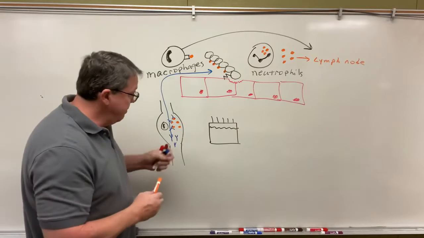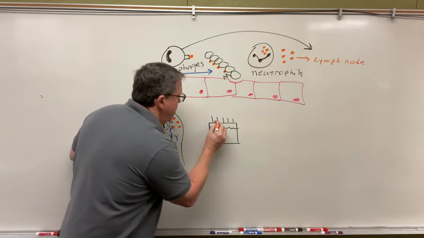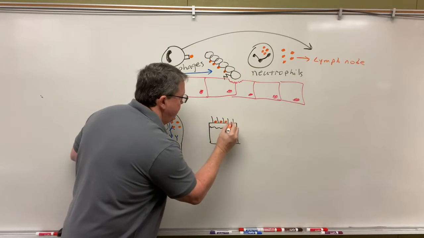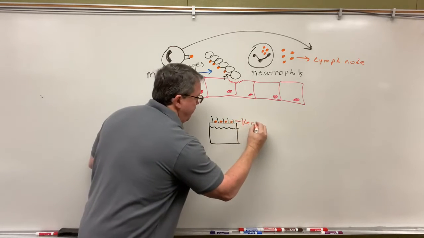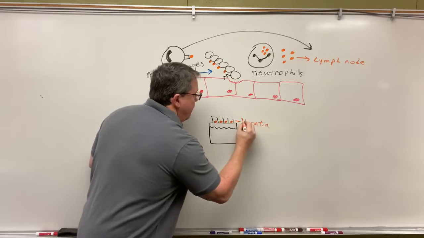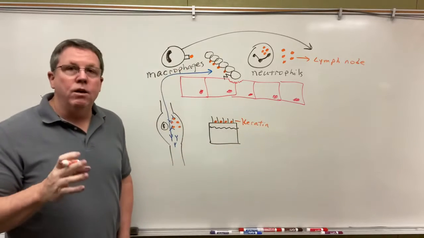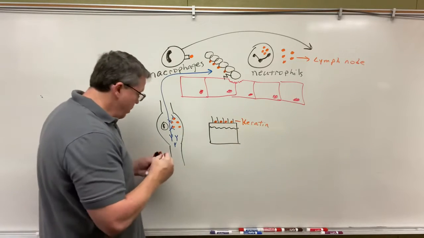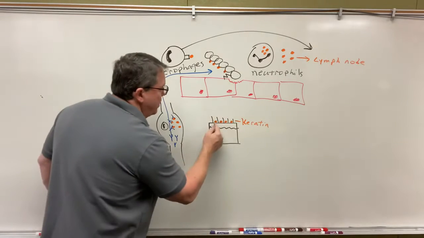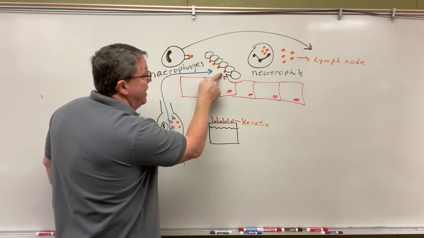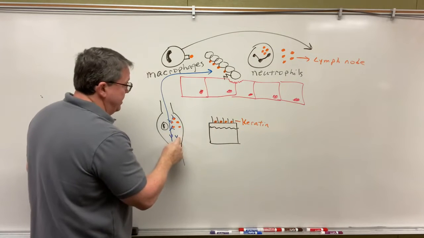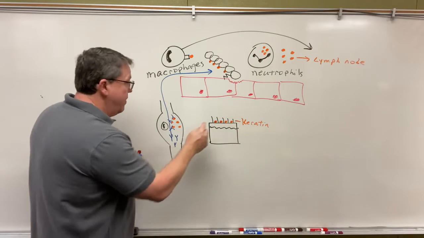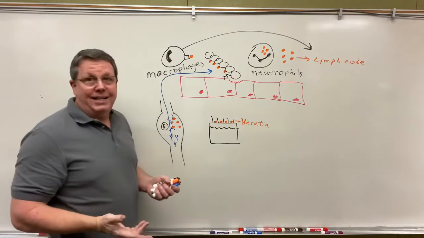But here's what's going to happen: I also have proteins on here. These proteins are called keratin. Keratin is what makes your skin waterproof. So these proteins look enough like these antigens that your antibodies think these proteins are actually bad guys.